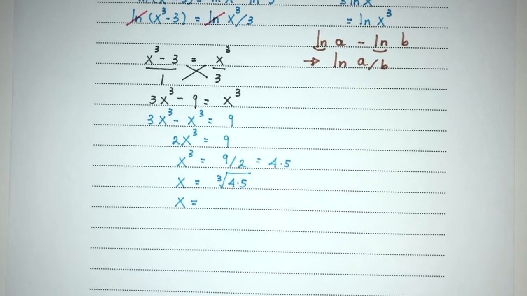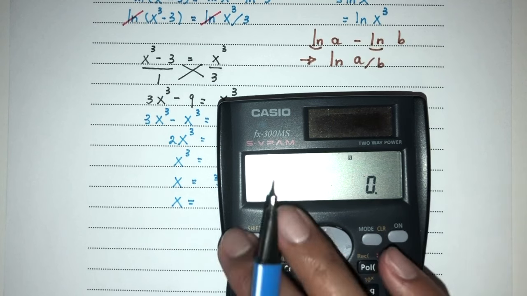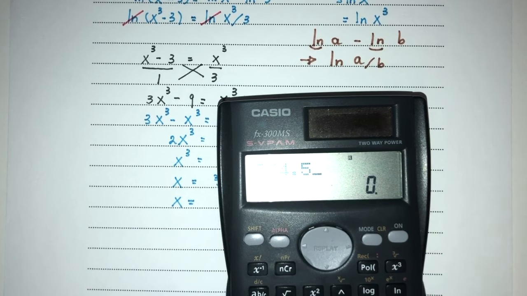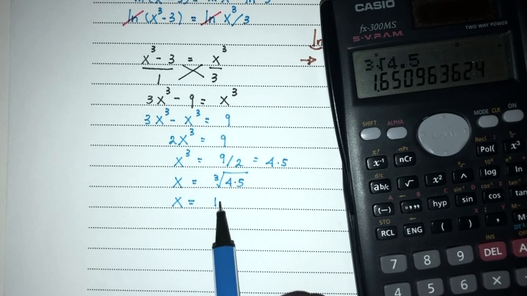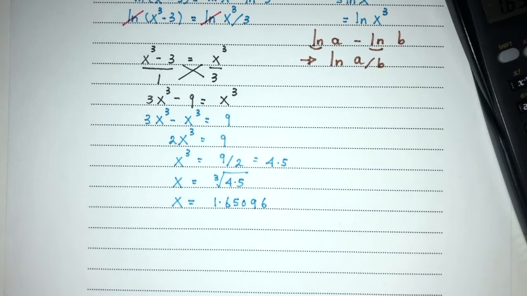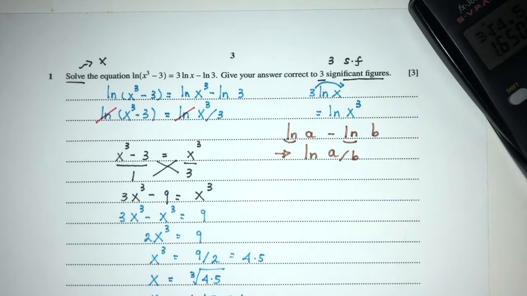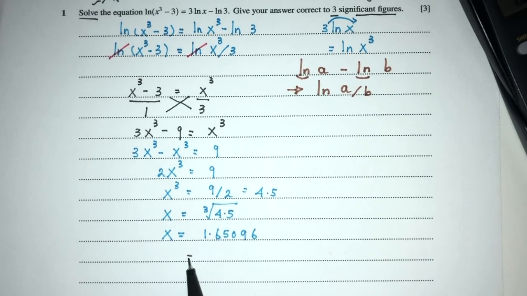So x will be what? So let me check. So cubic root of 4.5. That should be 1.65096. However, your answer needs to be in 3SF as required by the question, so don't miss that. So it will be 1.65 as your value of x. And that will be your question number 1 for this paper.